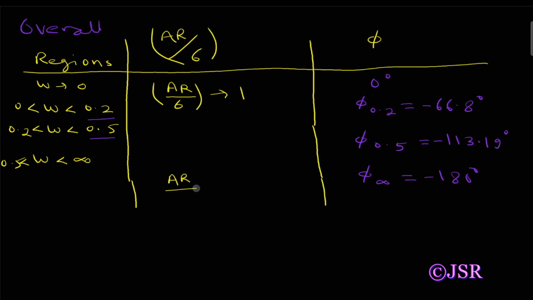And when omega tends to infinity, this value AR by K will have the slope of minus 2.